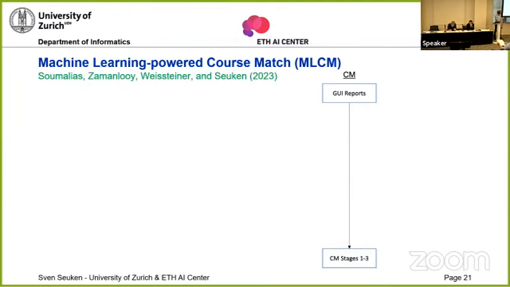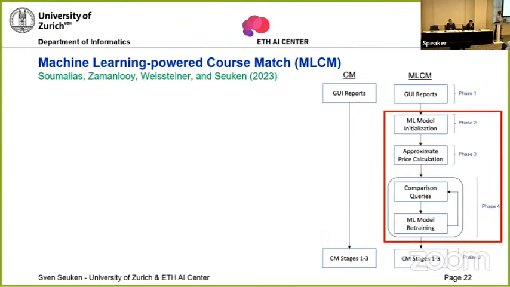And here, one way to understand our mechanism is to contrast it with the course match mechanism. The course match mechanism essentially just has two phases. In the first phase, all the students enter their reports into the graphical user interface, and then you run the course match mechanism, which has 3 stages, and then the final allocation is computed. So what our mechanism does is it essentially inserts itself into the middle between the first and last phase, which gives rise to this iterative machine learning-based preference elicitation phase.